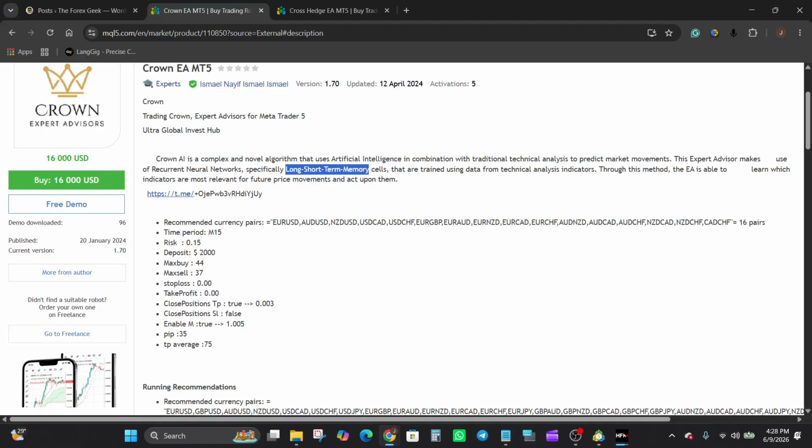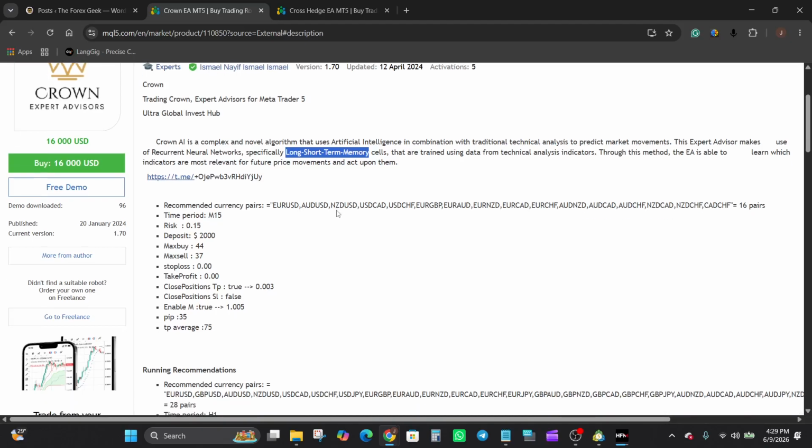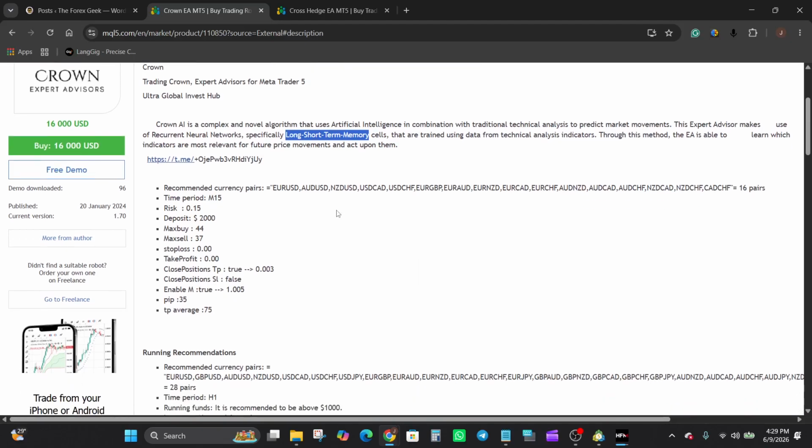The stated goal is to identify which indicators are most relevant to future price movement and make trading decisions based on that analysis. The developer also provides recommended trading conditions.